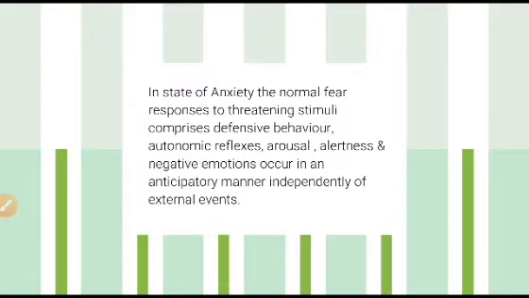There is no threat or threatening condition around the subject, but the subject will receive it as a threat. Then the subject will show defensive behavior against that threat which is actually not there, like autonomic reflexes, arousals, alertness, and certain negative emotions as well.